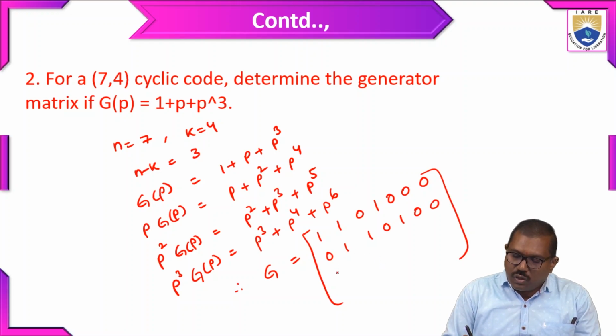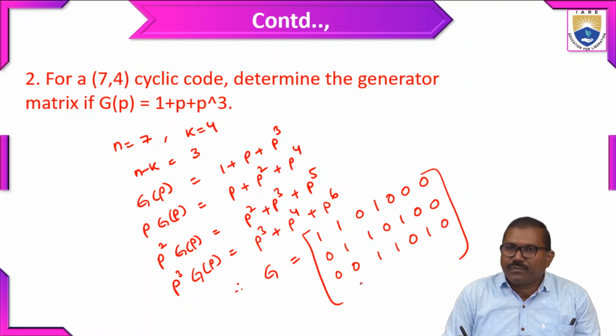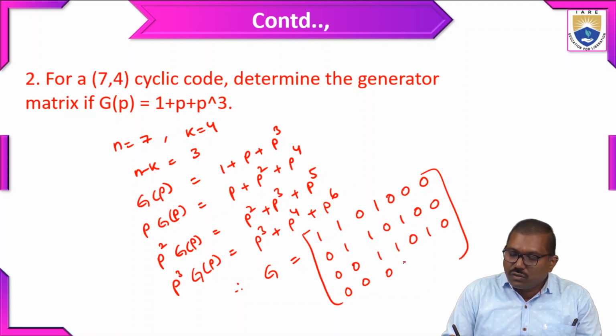Next, 1 missing, P missing, P square is there, P cube is there, P4 missing, P5 is there, P6 missing. And for the last row, 0, 0, 0, because 1 is 0, P is 0, P square is 0, P3 is there, P4 is there, P5 is missing, P6.